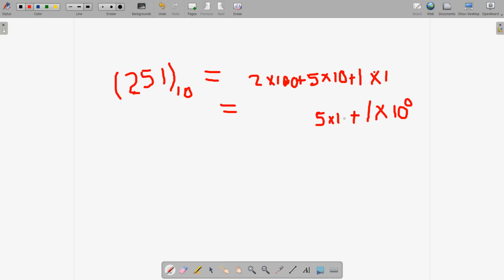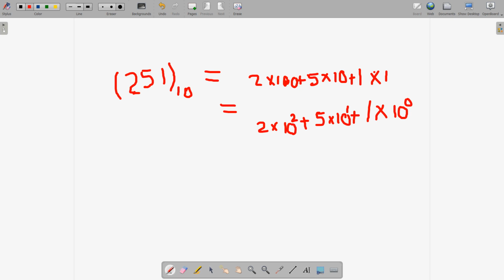Everywhere we are using the base 10 only, the power will change. Here we have written 10 raised to the power 0. Here we are writing 5 into 10 raised to the power 1. Clear? Then 2 into, again 100 we will denote in the form of 10. So 100 is 10 raised to the power 2.